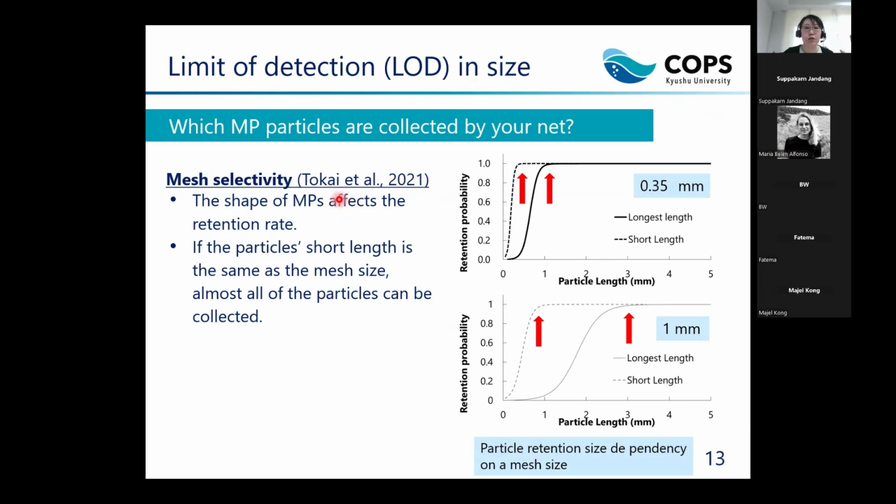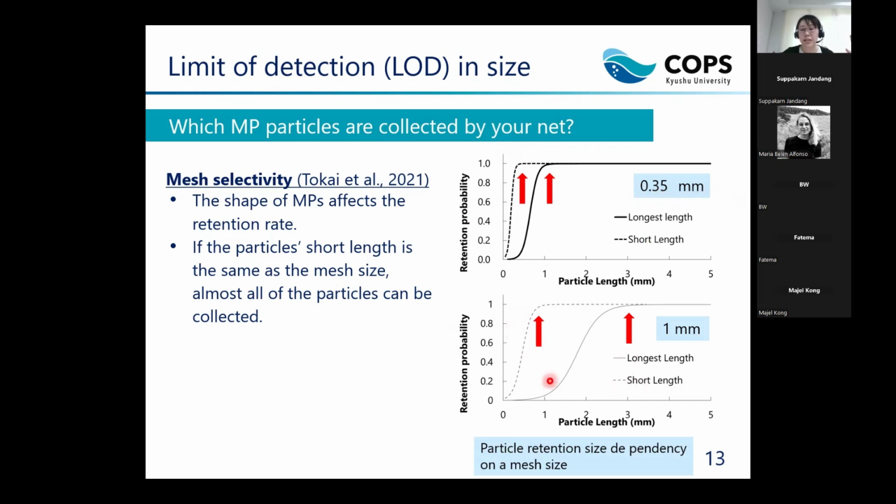The idea of this is that the shape of microplastics affects the retention rate. And please see the right figures. In the upper panel, you can see how many particles we can collect with the mesh size of the 0.35 millimeter net.